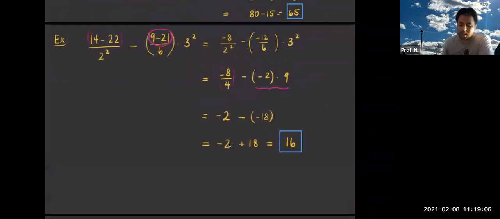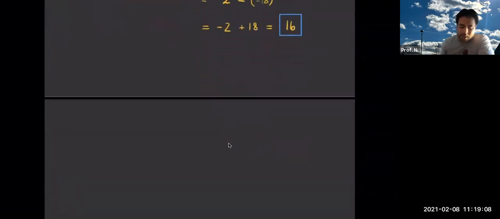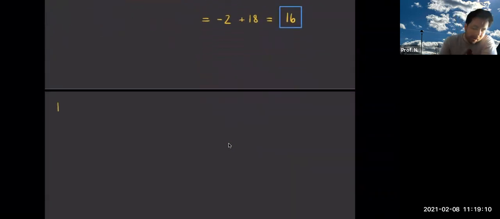They're just integers themselves. So now we're going to be dealing with rational numbers that are not integers. So we're going to talk about adding, subtracting, and multiplying rational numbers. Let me give you an example first.